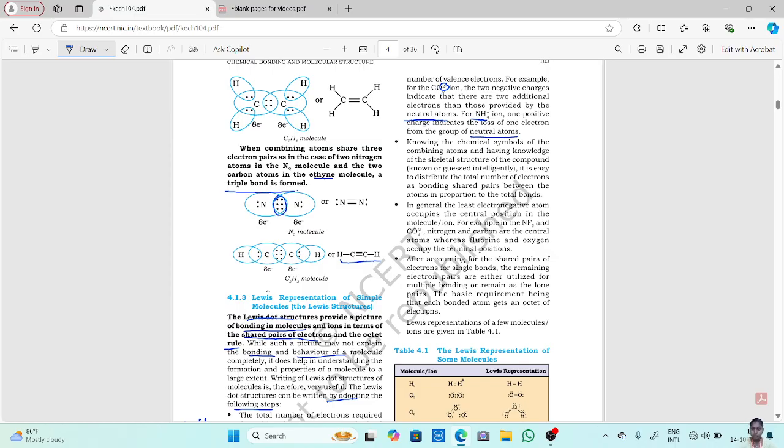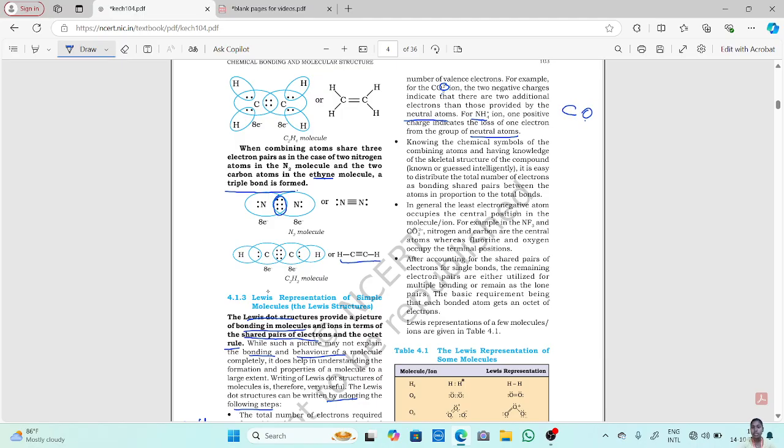Now, knowing the chemical symbols of the combining atoms and having knowledge of the skeletal structure of the compound, known or guessed intelligently, it is easy to distribute the total number of electrons, as the bonding shared pairs between the atoms is proportional to the total bonds. If you know the chemical symbols of the combining atoms, for example, carbon dioxide, you know carbon and oxygen are involved.